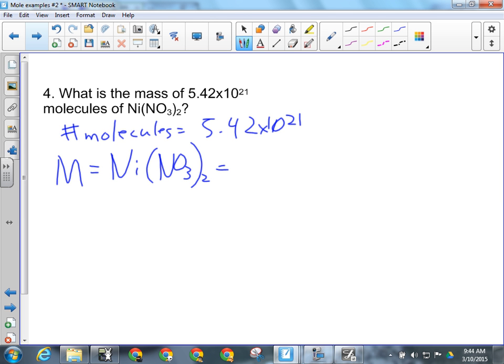We might as well calculate the molar mass of that right off the bat as well. Nickel's atomic mass is 58.69. How many are there? Just one, right? There are no brackets tied to nickel. How many nitrogen are there? 2. And how many oxygen? 6.